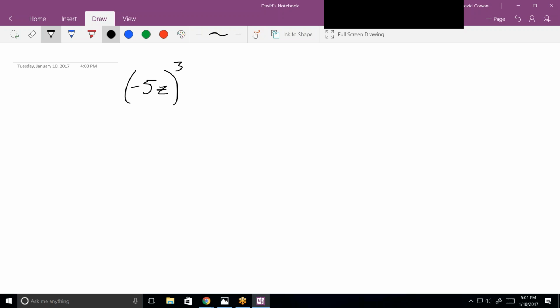That is not the same as this. Very different. In the one below, the 3 only affects the z. But because of the parentheses, we have to cube everything. So you're right. It's kind of weird.